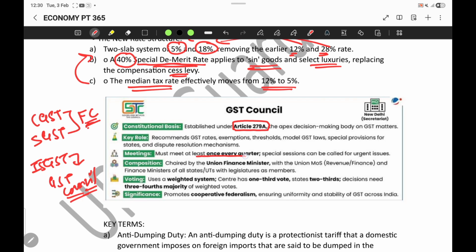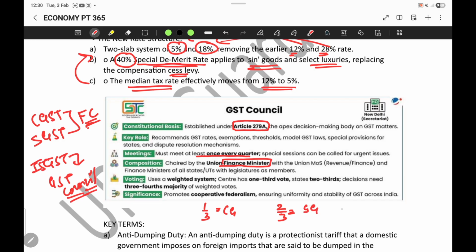At least once in every quarter there has to be a meeting. Who is the chairman? The Finance Minister is the chairman. Voting: how is the voting done? One third of the votes for the central government, two thirds of the votes for state governments.